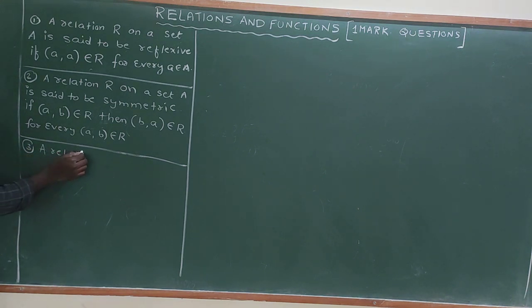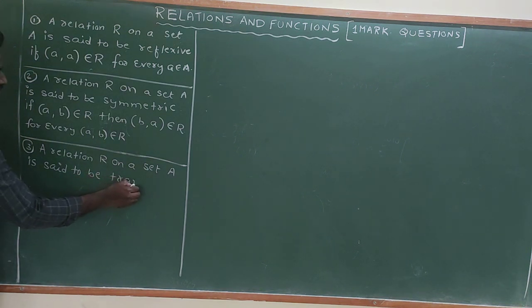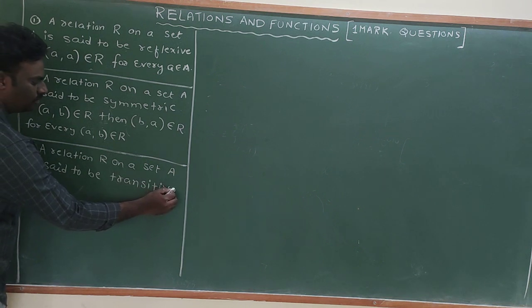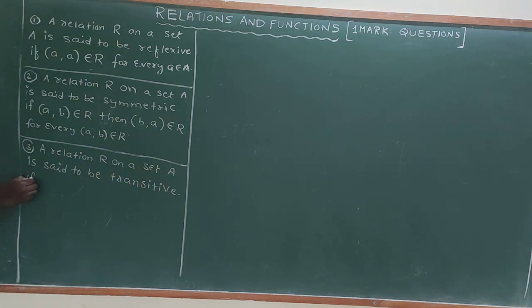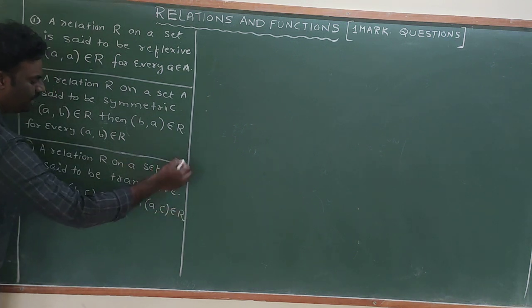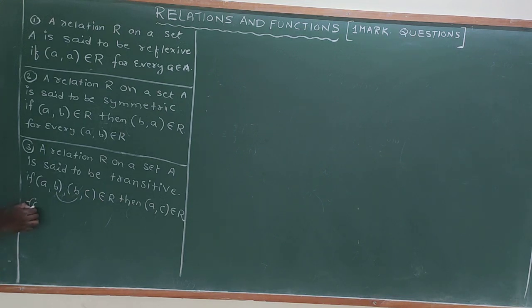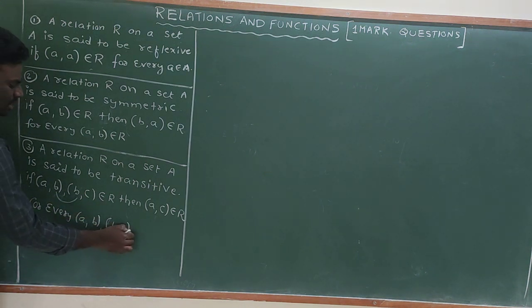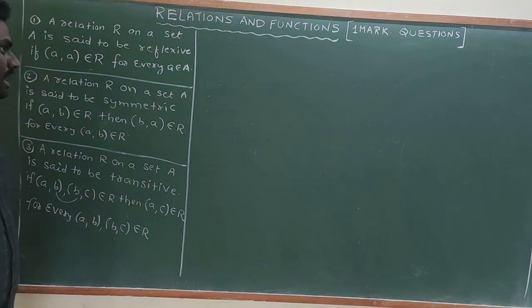A relation R on a set A is said to be transitive if (a, b) and (b, c), where the middle values are equal, belong to R, then (a, c) also belongs to R. It has to be satisfied for all possible pairs (a, b), (b, c).